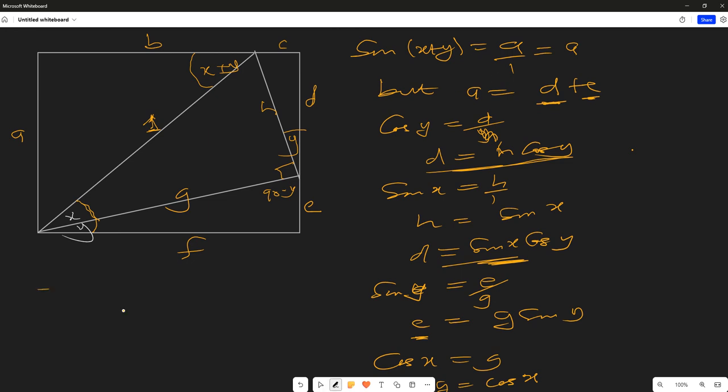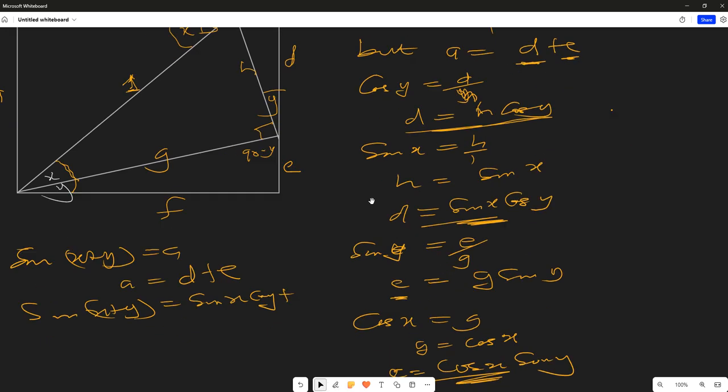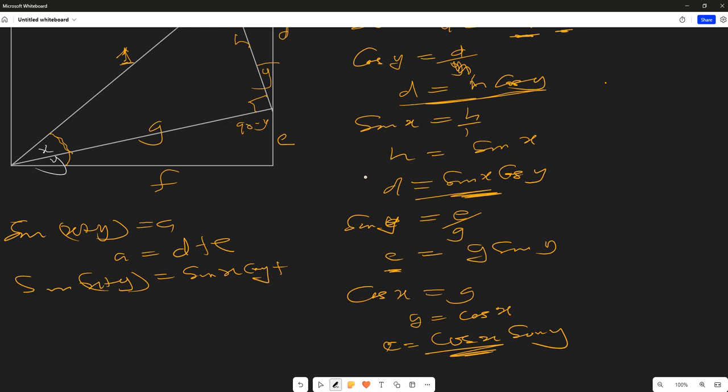Remember, first we said sine x plus y is equal to A, and A is equal to D plus E. Hence, sine x plus y will be equal to D, which is sine x cos y, plus our E, which we got as cos x sine y.